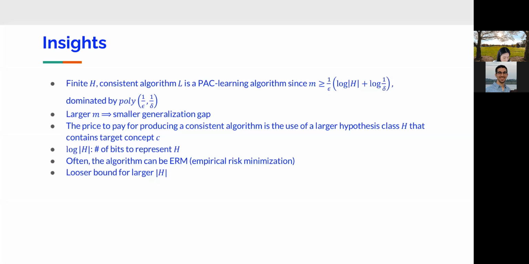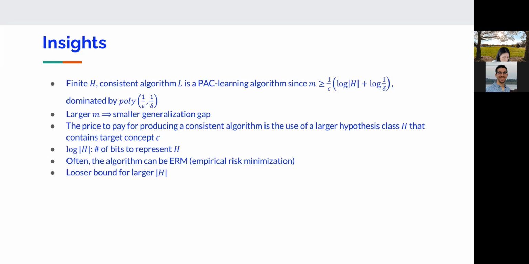So the price to pay for producing a consistent algorithm is the use of a larger hypothesis class H that contains target concept C. I've already talked about this last lecture. Just wanted to quickly remind you, it is more likely that you will get a consistent hypothesis or a consistent algorithm if your hypothesis class H is larger.